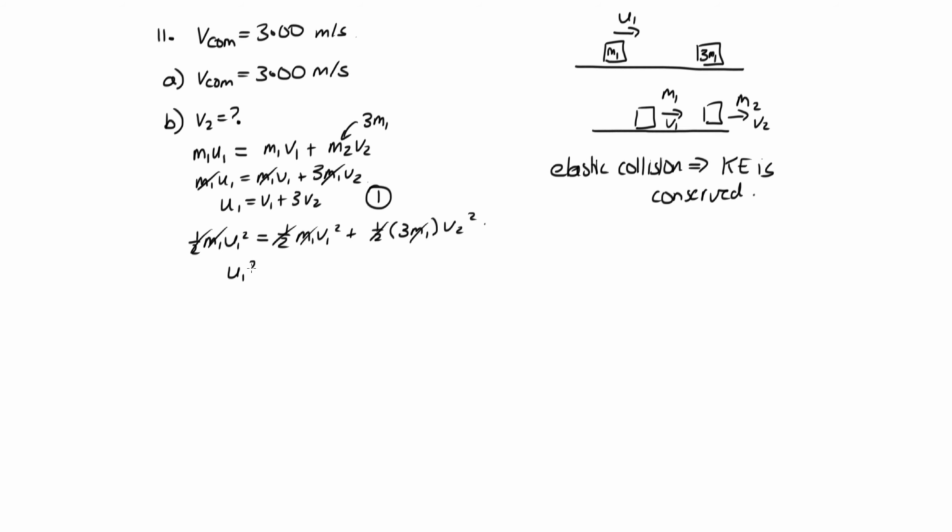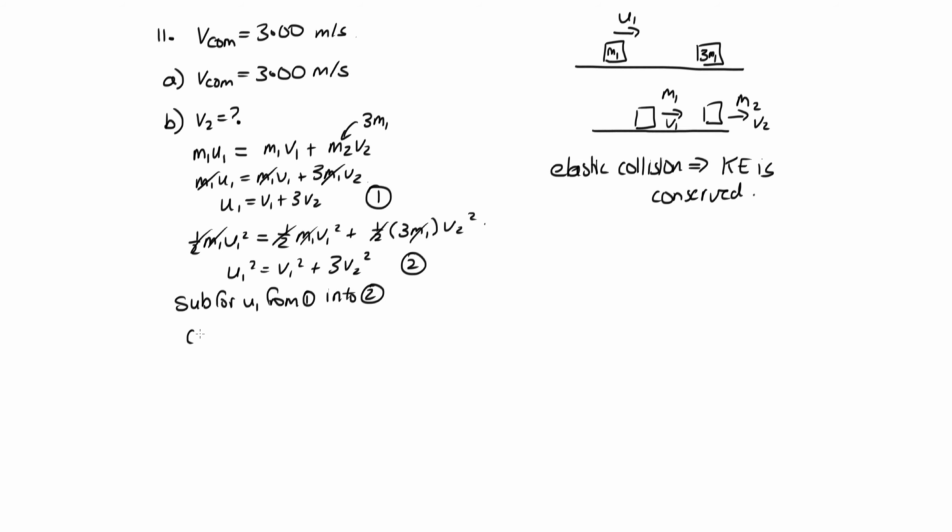And so we've got u1 squared is equal to v1 squared plus 3v2 squared, and this is our second equation. Now what I'm going to do is replace u1 from here with this expression from here. So sub for u1 from 1 into 2.